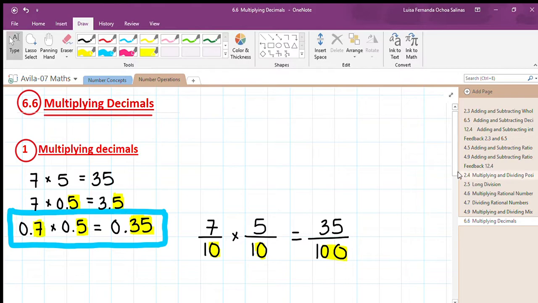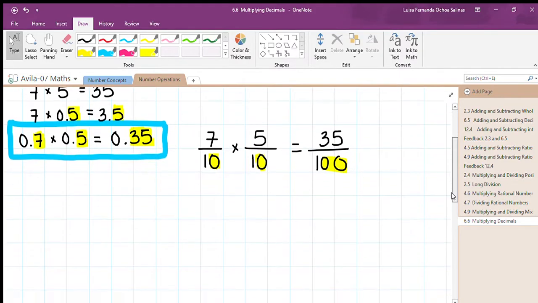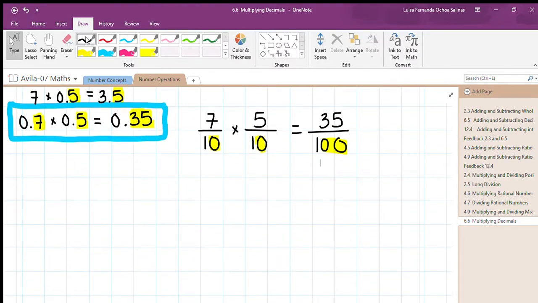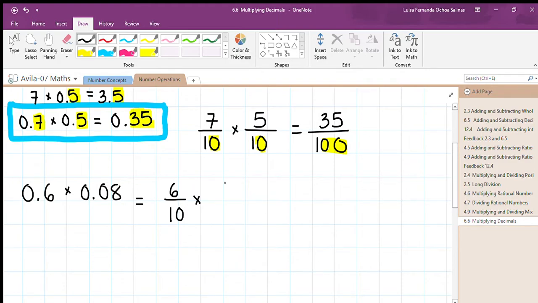Okay, I'm hoping that you're starting to see the pattern of what is happening there. Let's look at another one. What happens if we do 6/10 times 800? We're going to do it with fractions. So 6/10 times 800.